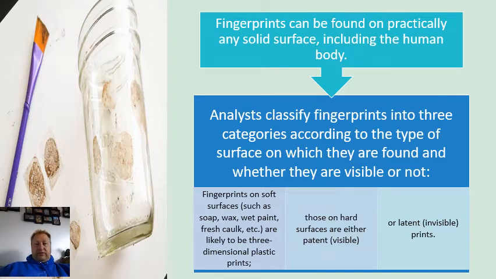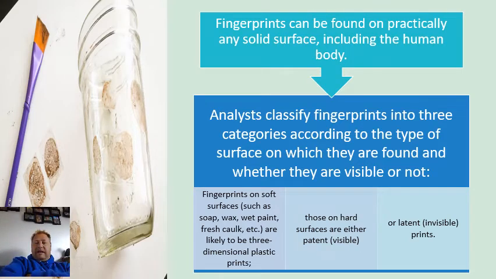So, where can we get fingerprints from? They classify fingerprints by where we get them from. You can get them on soft things, where they've made an imprint, like a soft bit of soap or wet paint.